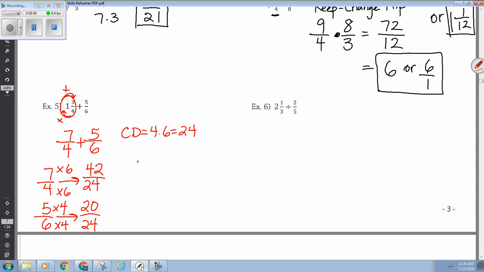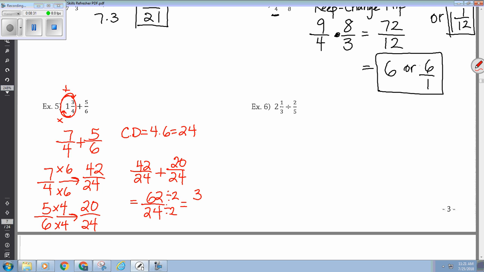So we're really going to be solving out 42 over 24 plus 20 over 24, which will give you 62 over 24. Now we go ahead and we reduce. Both numbers are divisible by 2.